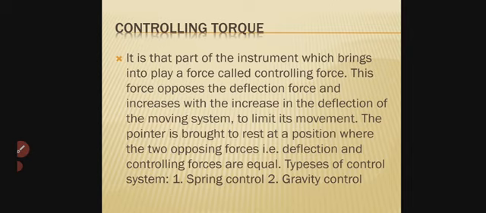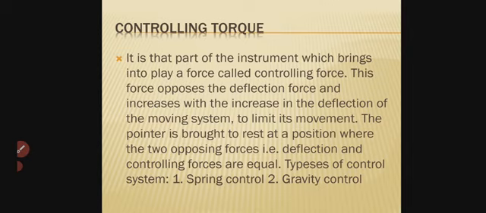Controlling torque brings the pointer back to zero when the deflecting torque is removed. Controlling torque is the part of the instrument which brings into play a force called controlling force. This force opposes the deflection force and increases with the increase in deflection of the moving system.